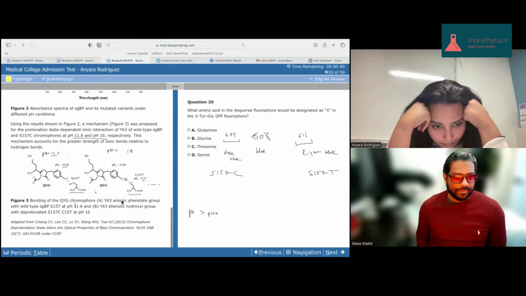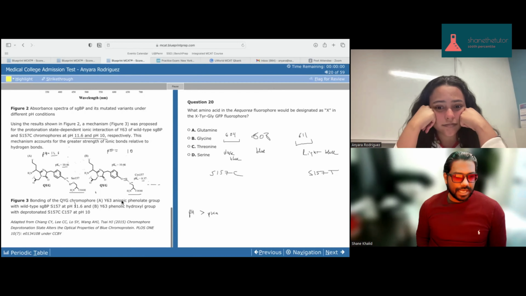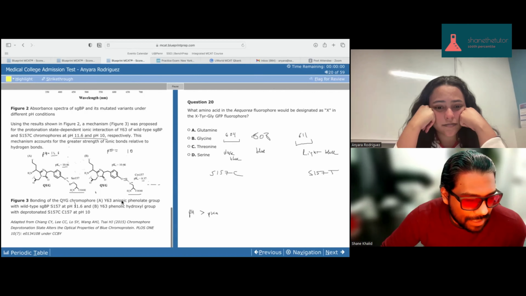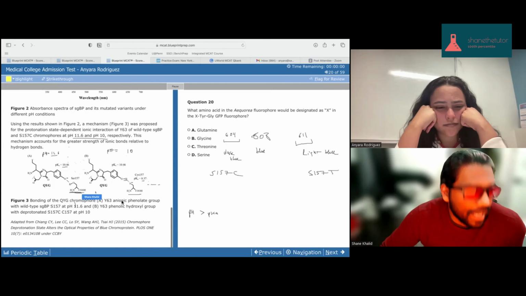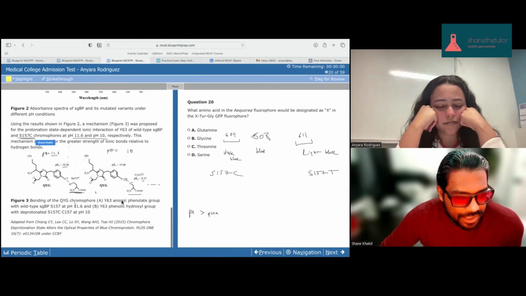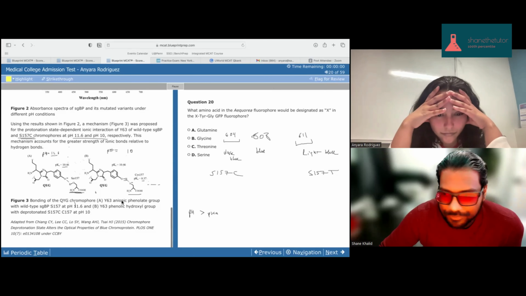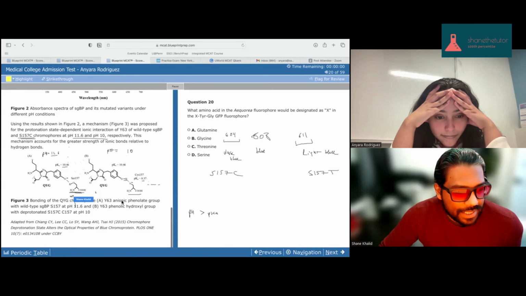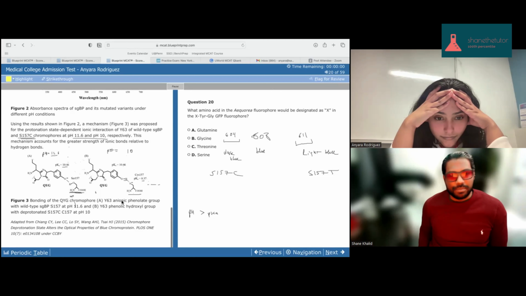And then on the right, we have that same QYG when it's protonated. I think this is the wild type, right? Yes, it must be, because the mutation would change the serine into the cysteine. So this would be the wild type with the serine here. And then this is the mutant, with the serine at the 157 position turning into cysteine.